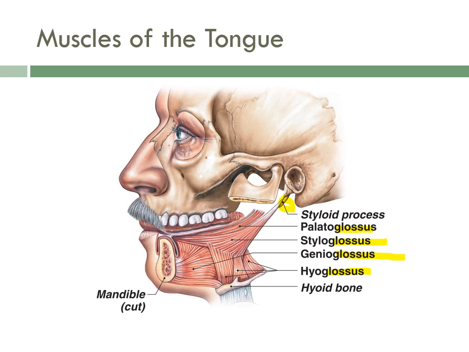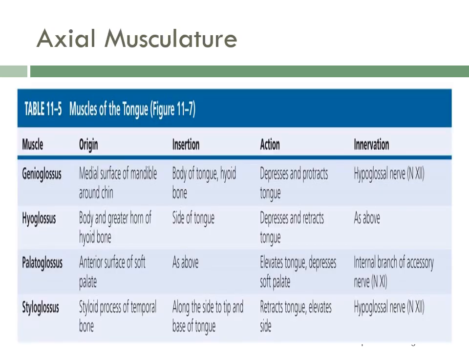The genioglossus we talked about earlier originates from the chin. The hyo is hyoid bone, so the hyoglossus originates at the hyoid bone and connects up into the tongue. So don't memorize any of those, but be able to look at those terms and understand the origin and attachment.